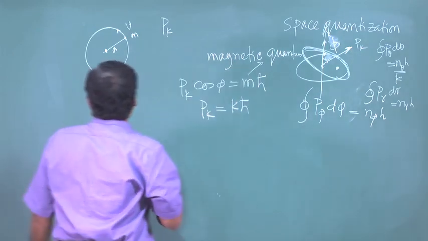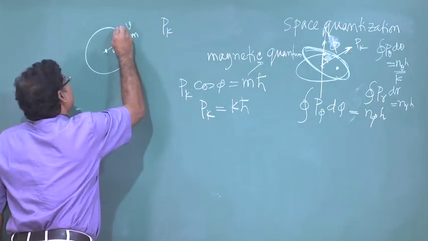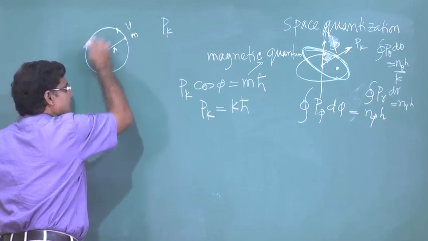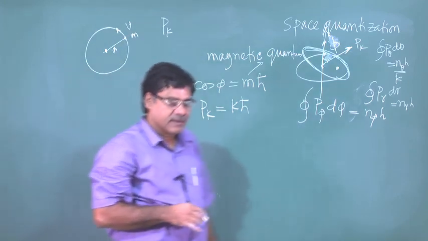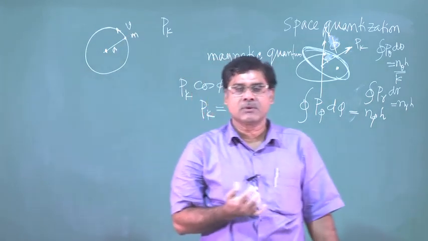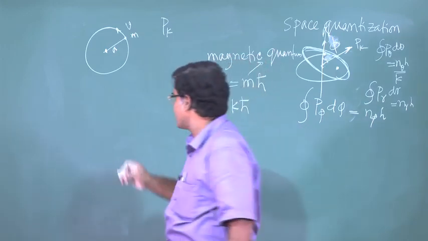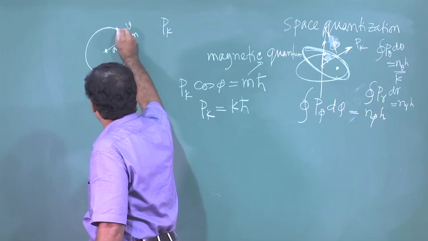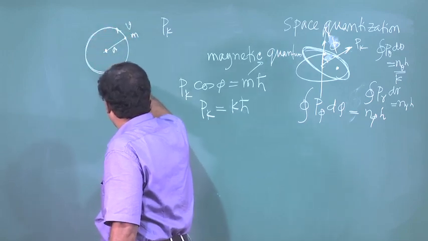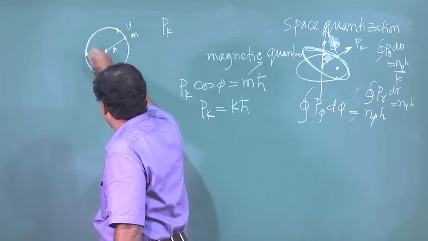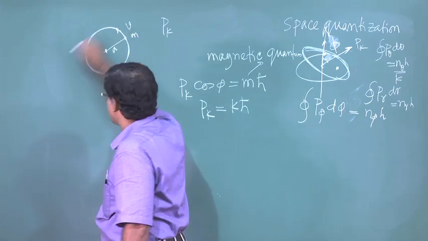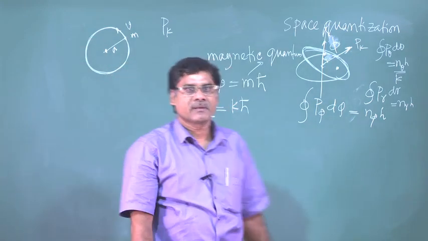Now, when the electron is moving in an orbit with velocity v, from electrodynamics we know this orbit will act as a magnetic shell.